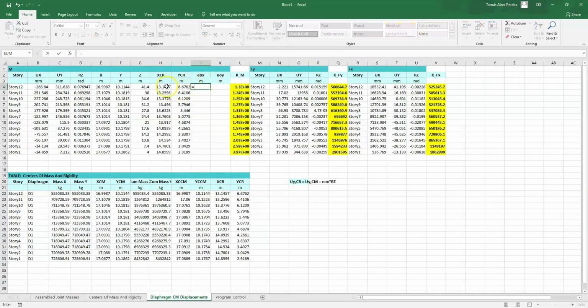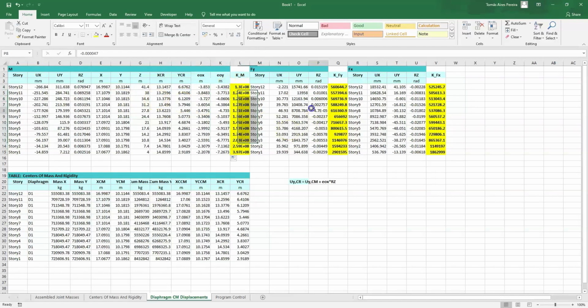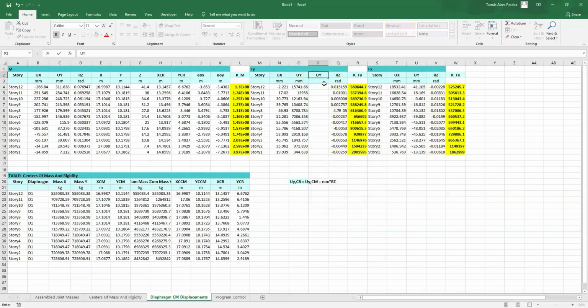The distance between the x and y coordinates of the center of stiffness minus the center of mass, and the difference in x and y. This is the eccentricity we are considering. Then we also consider the YCR and the XCR using the expression we had below.